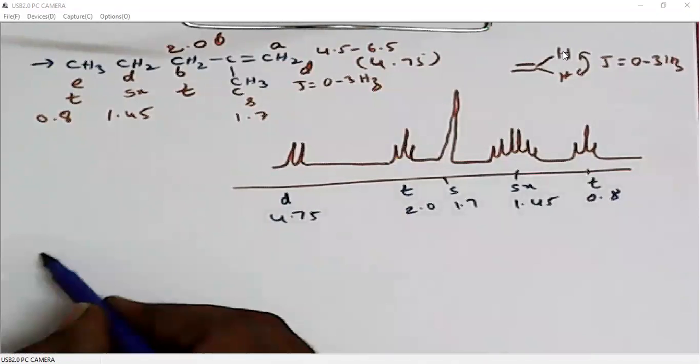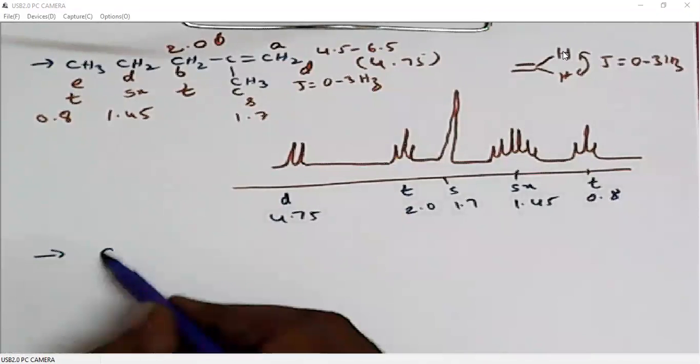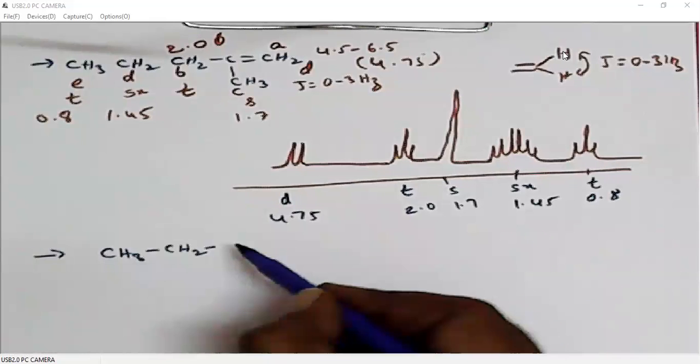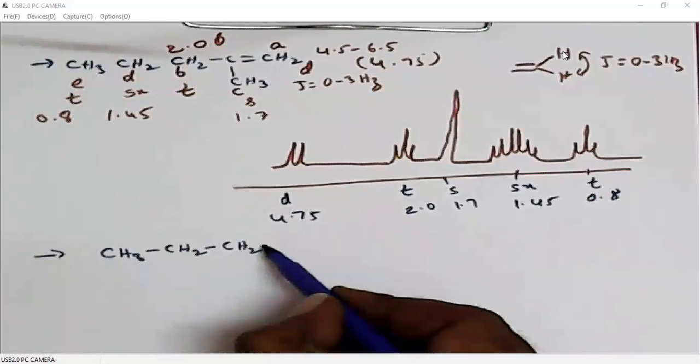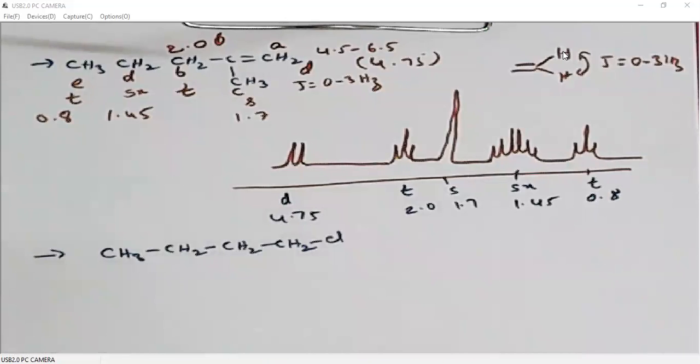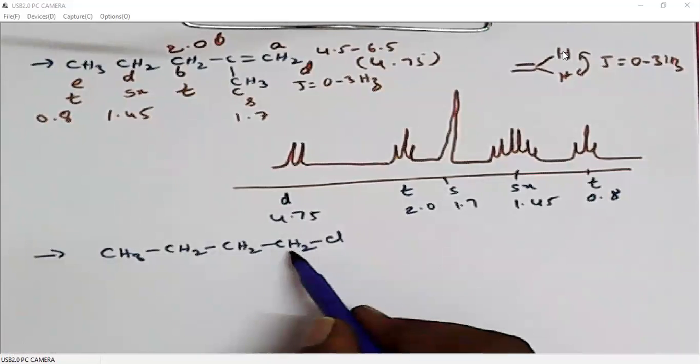Now we will take one more example and try to draw the model spectrum for this. This is n-butyl chloride, 1-chlorobutane.